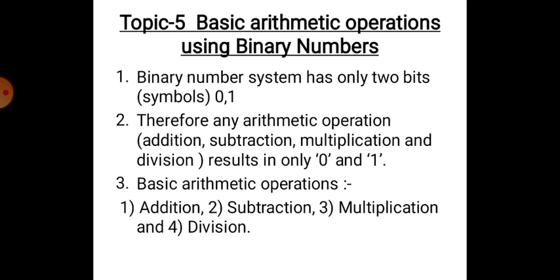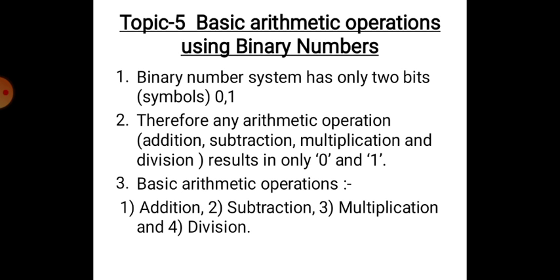Therefore, point number 2, any arithmetic operation results in only 0 and 1. Since students, in binary number system we have to represent any number using only 0 and 1. So even the addition or subtraction or multiplication or division will give results in zeros and ones.